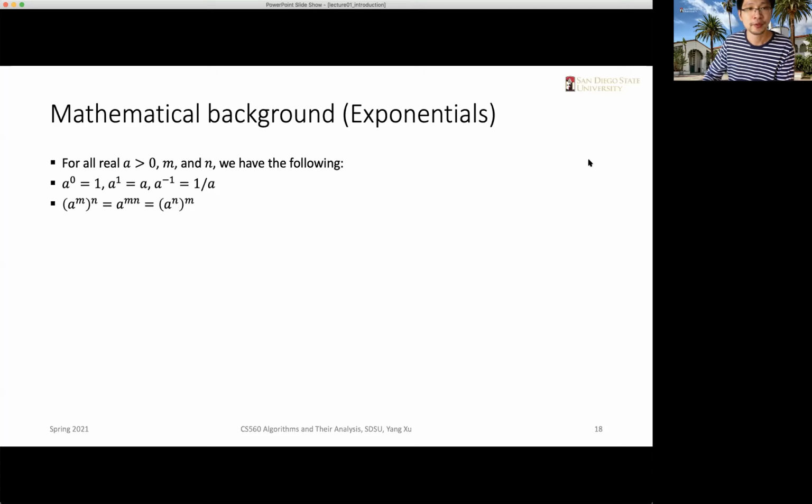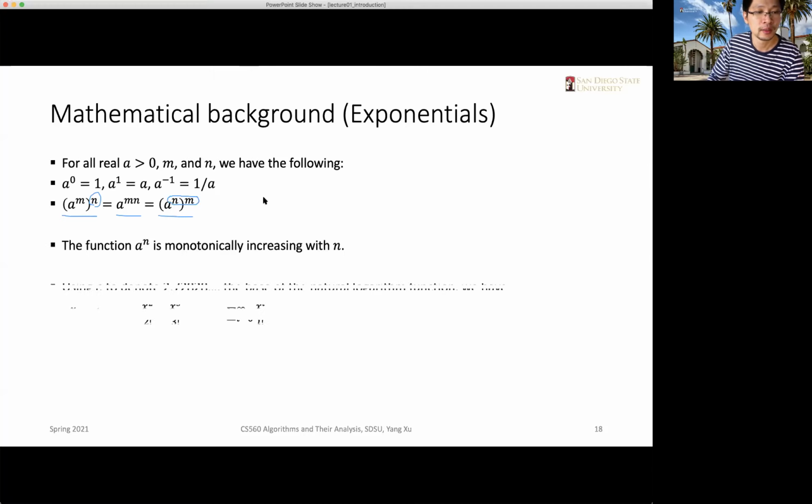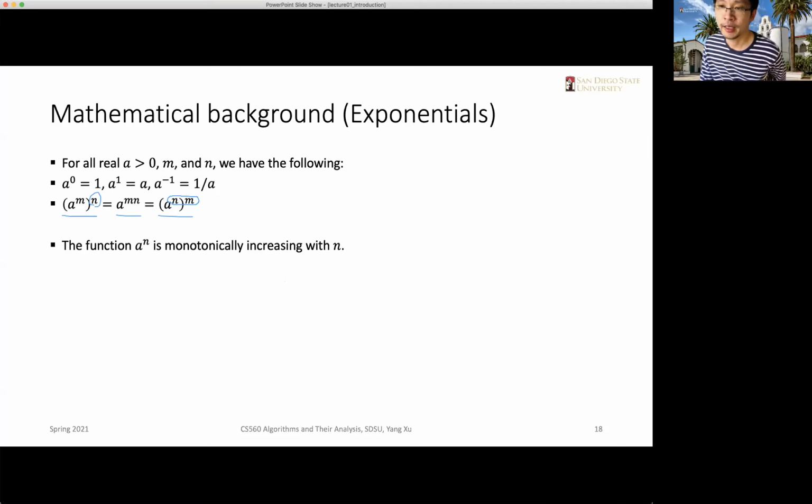For example, the relationship a to the power of n and raised to the power of n again, we can swap the exponential terms here. Also, it's important to know that the exponential function, a to the power of n, is monotonically increasing, and it increases really fast.